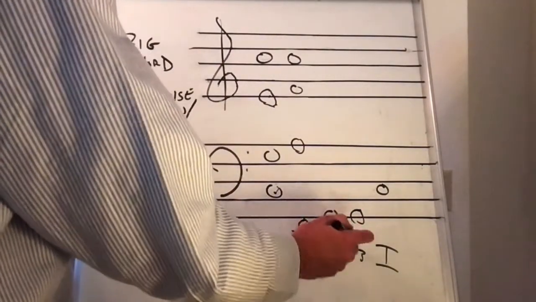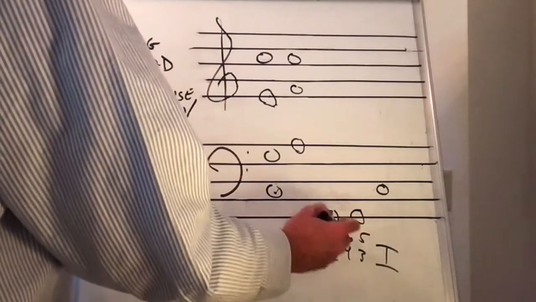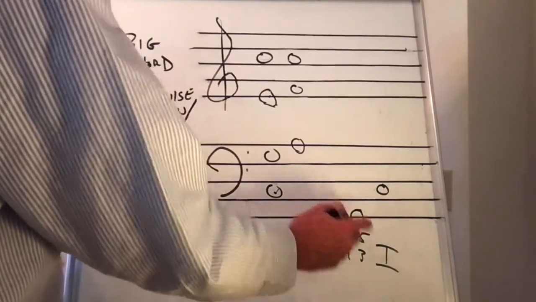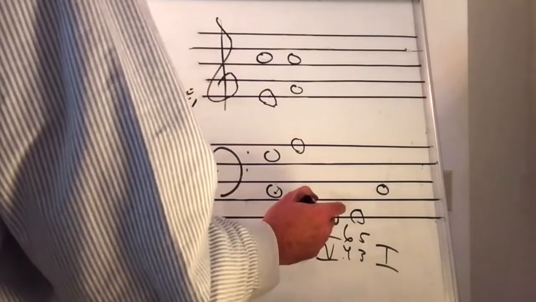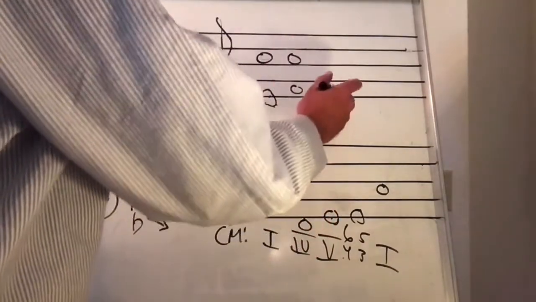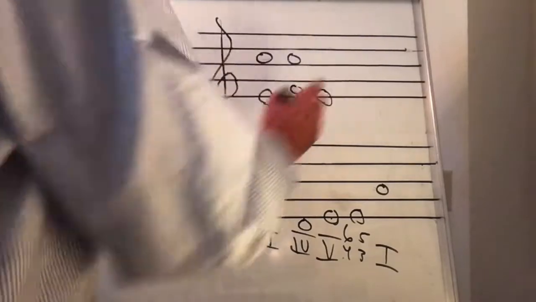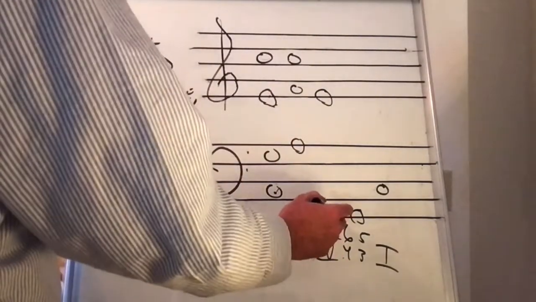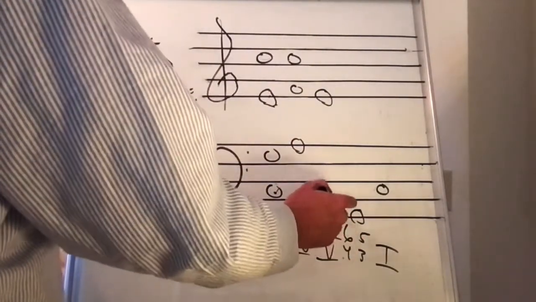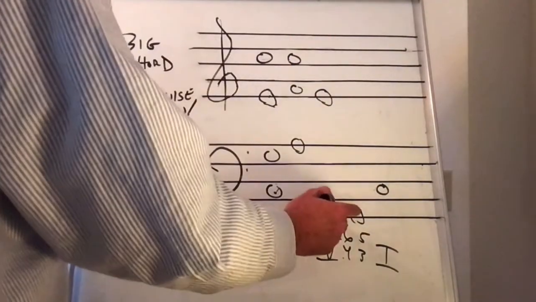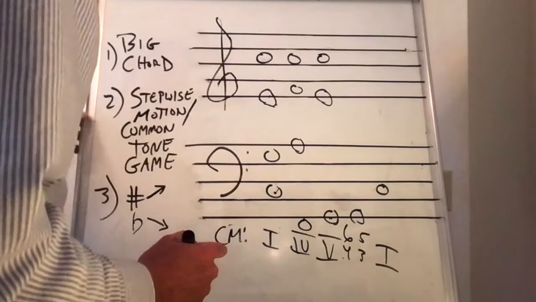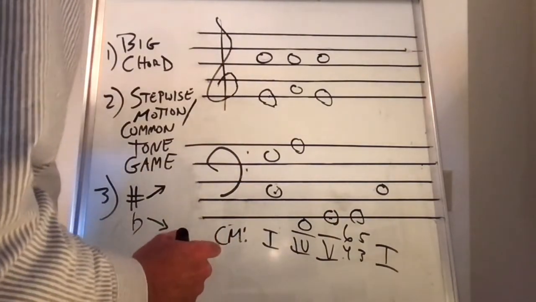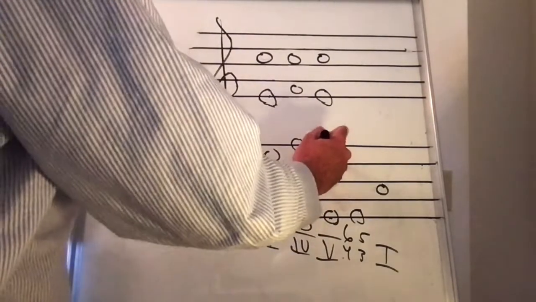So this just means what's a 6 above G and what's a 4 above G. So 6 above G is going to be an E, and the most logical place where it's stepwise would be to put the E there. You also need a C above the bass somewhere up here in the top 3 voices, because a 4 above G is C, so I'm going to keep the common tone here. And then we've learned that you double the bass in any 6/4 chord, so I'm going to keep the G here.